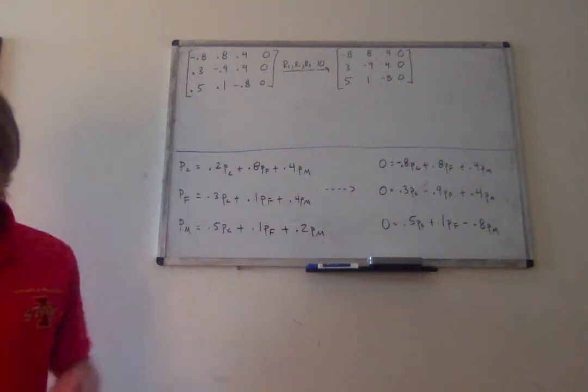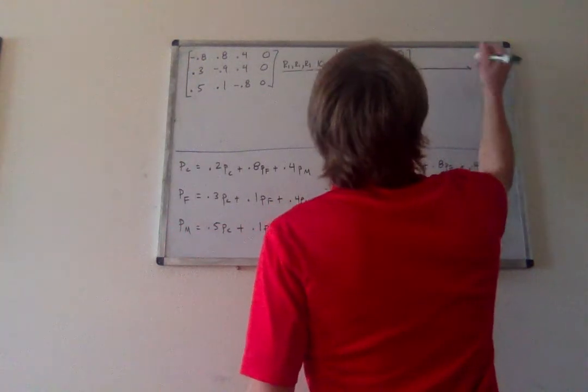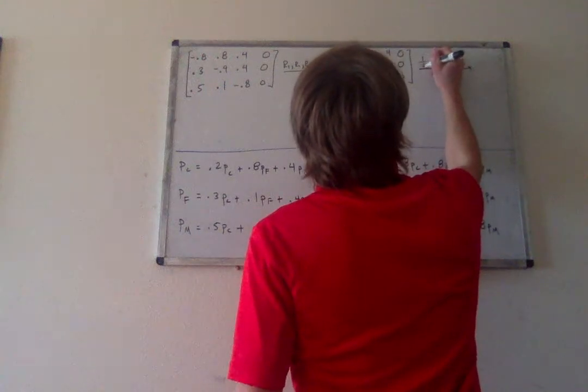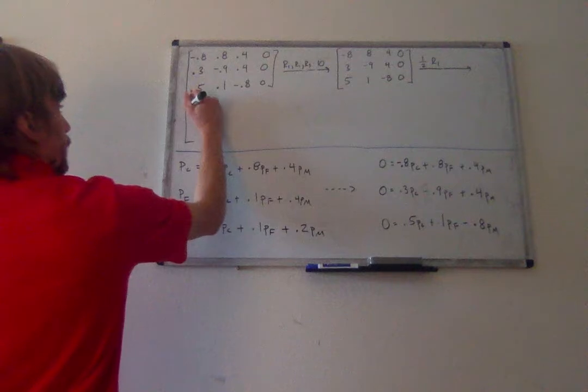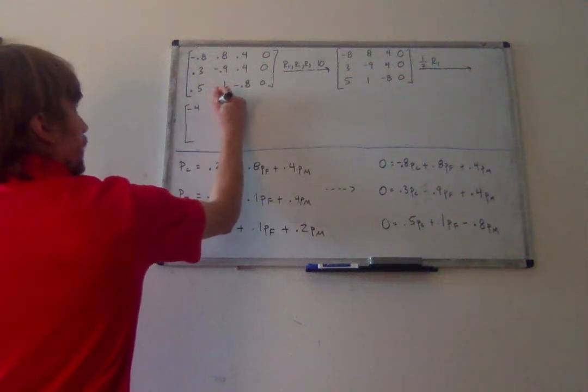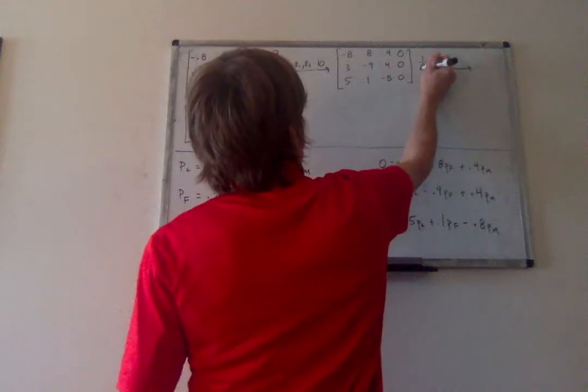All right, so first thing I'm going to do here is I'm going to divide row 1, not by 2, by 8.